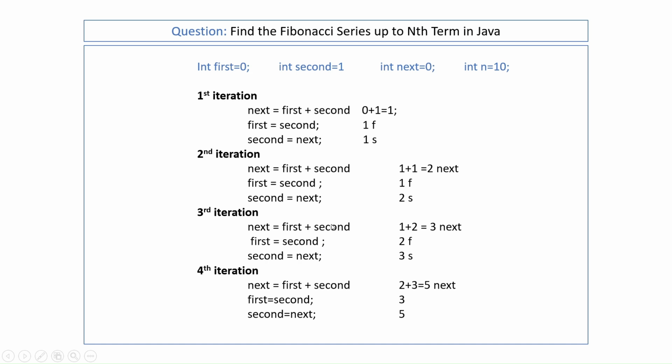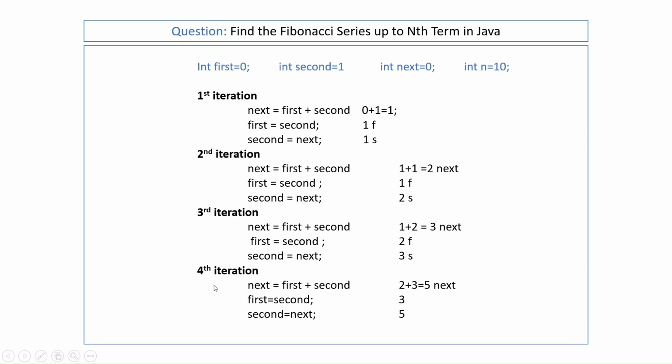The value inside second is currently 2, so first becomes 2. Then second is equal to next. Inside next we have 3 now, and that 3 is coming inside second.